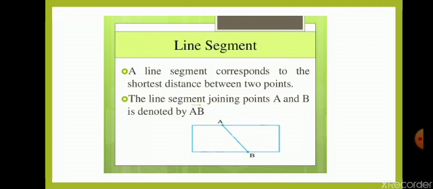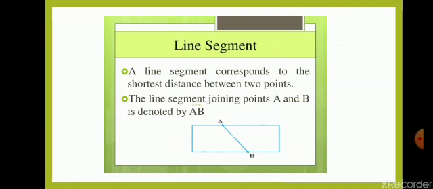A line segment is the shortest straight path which joins any two points on a plane. A line segment has a definite length that can be measured. A line segment corresponds to the shortest distance between 2 points.